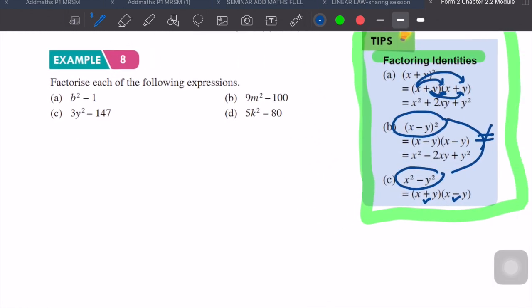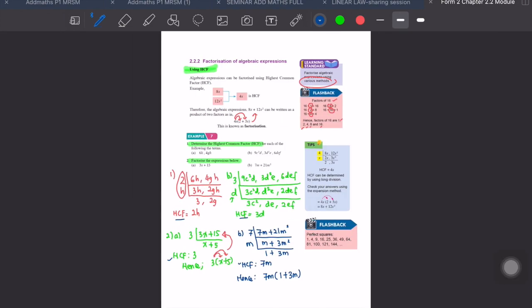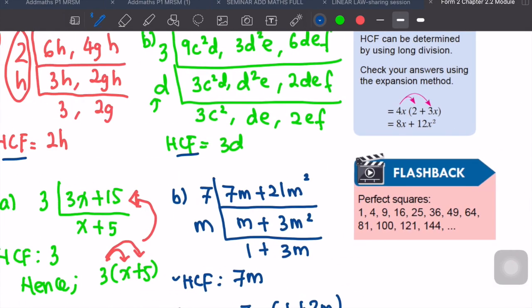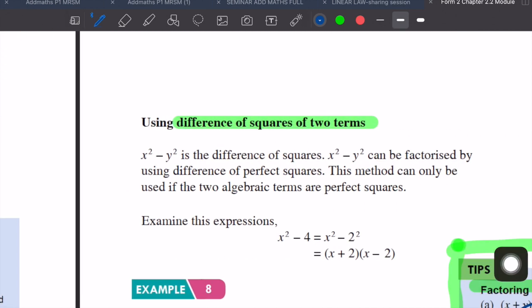Saya tunjukkanlah cara mudah. Untuk this method, you need to remember this one thing. Perfect square. For the second method, kalau awak ingat perfect square ni, hidup awak akan mudah sahaja.